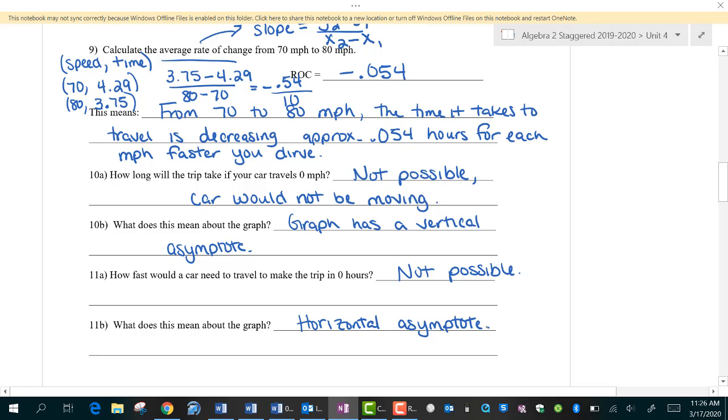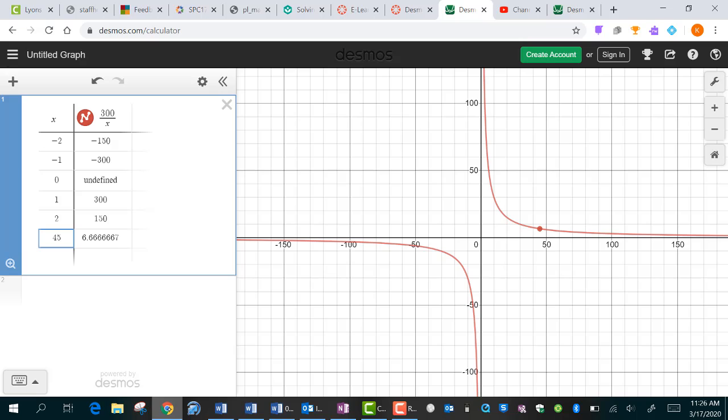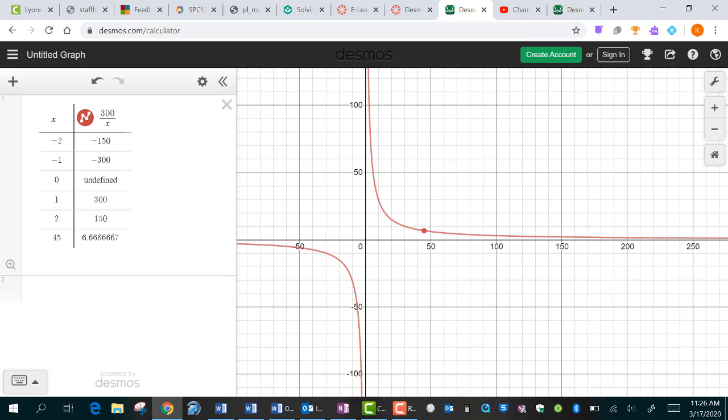If I go back to that graph again, we can see when y equals 0, it levels out here. We have another imaginary line in between those two curves. When we talk about graphing after spring break, we're going to focus a lot on those vertical and horizontal asymptotes.